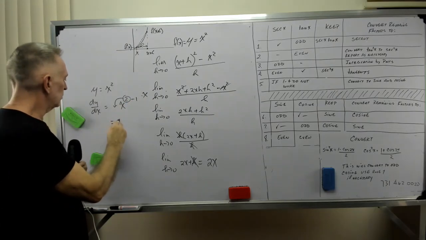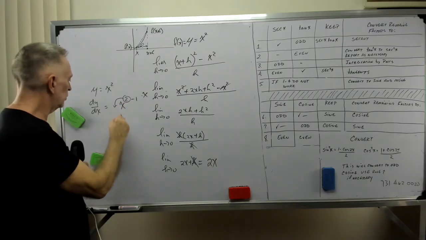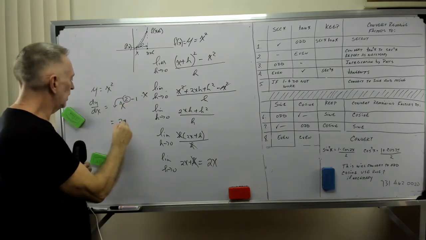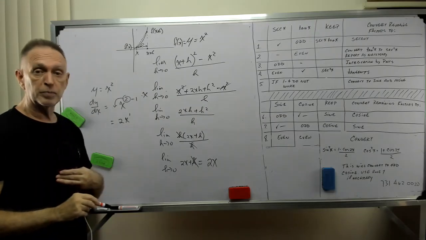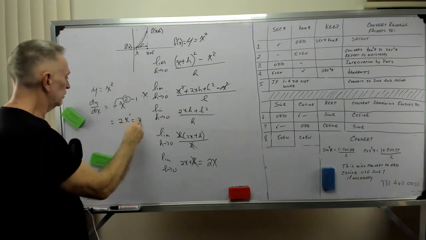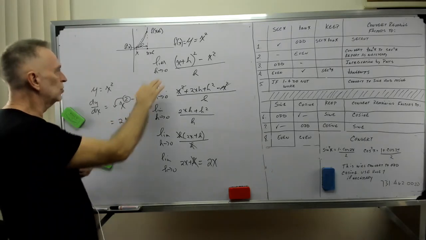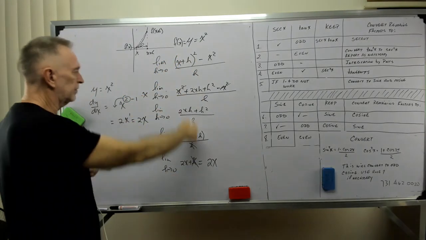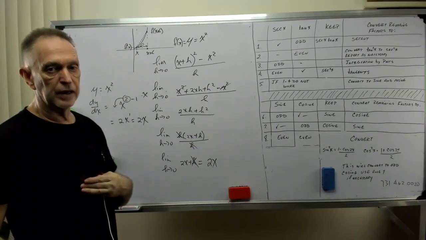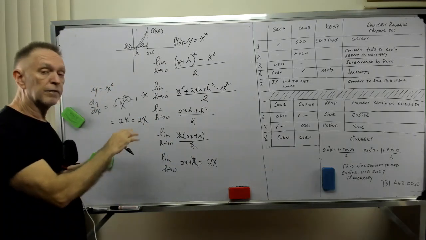So that gives me 2, bring the 2 down, x to the 2 minus 1, which is x to the first power, which is just 2x. So there's a power rule that allows us, instead of taking the limit of all of these things, to get to that derivative quicker.